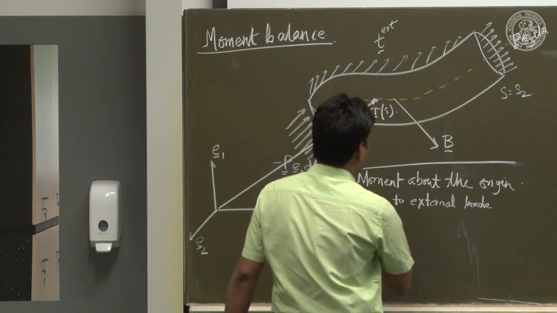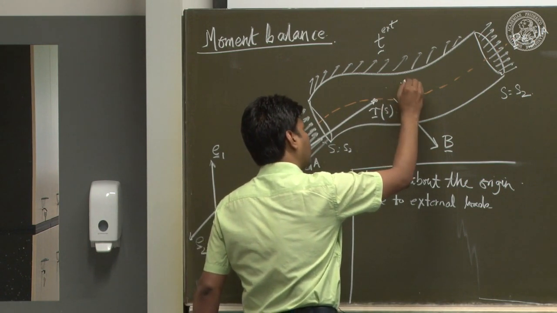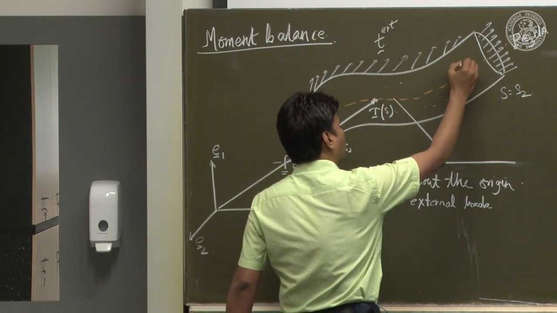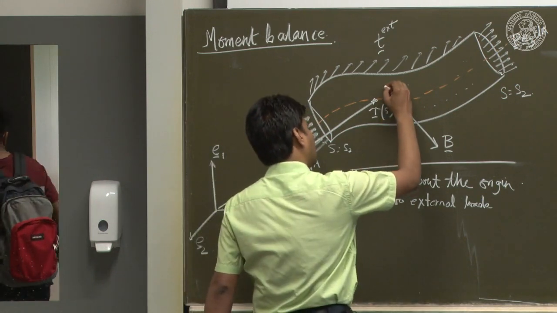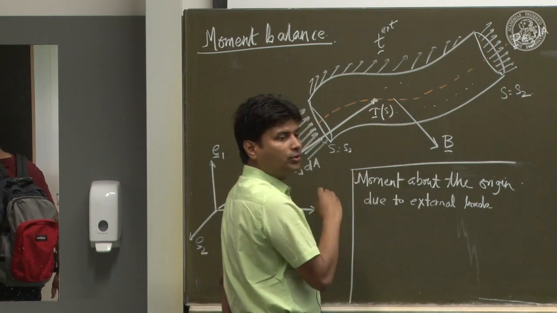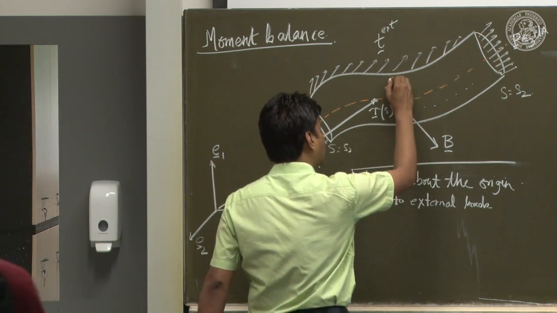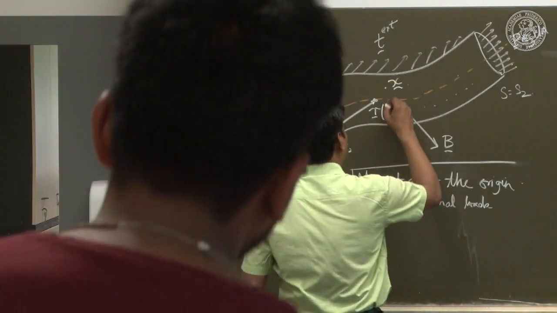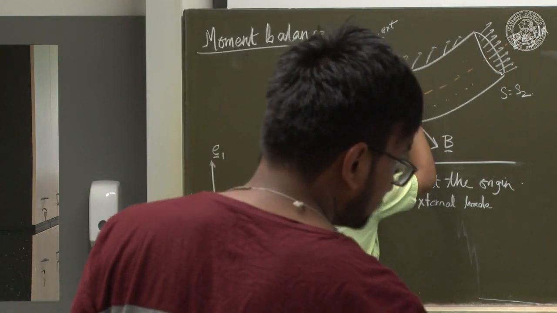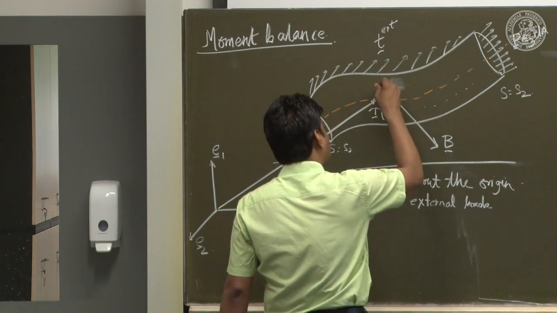So for the body force part, the body force is acting everywhere within the volume. So any point within the volume of the rod, since it's a deformed rod, we could denote that with little x. Maybe let's take it cross section wise.